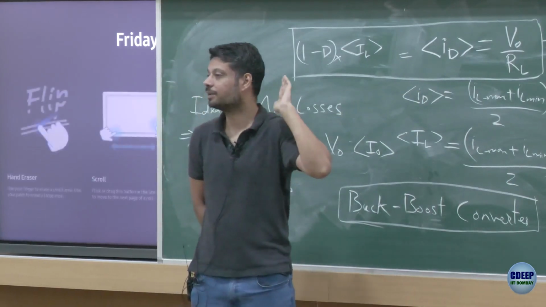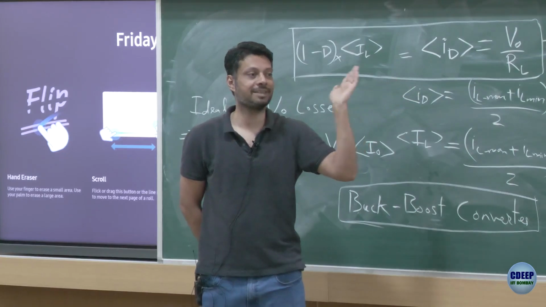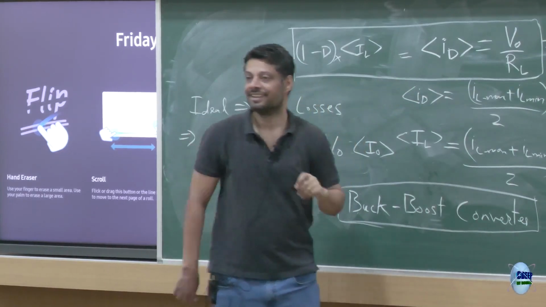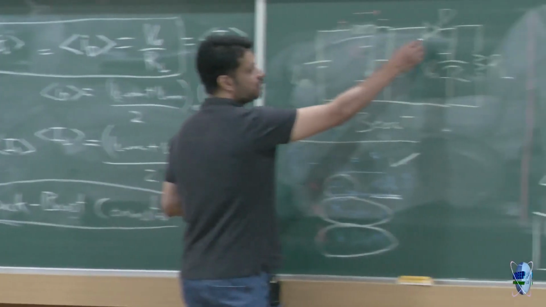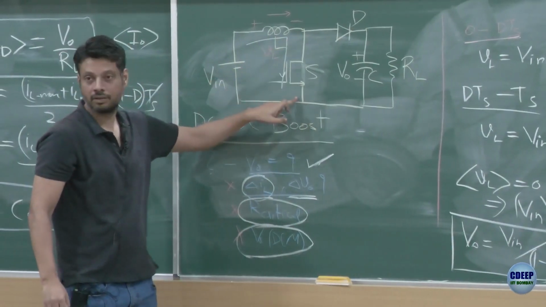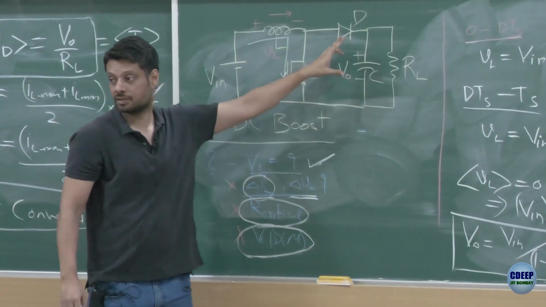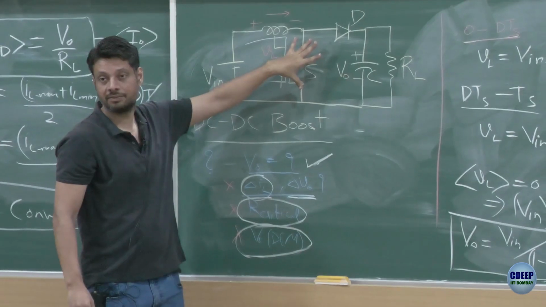Anyone looking at it in that way? No one, some people are looking at phones, others are looking here, but maybe dreaming something else. You see, this is a switching element. When the switch is on, this voltage is 0. When the switch is off, the diode is on, so this voltage is the output voltage. So what is the average voltage here?